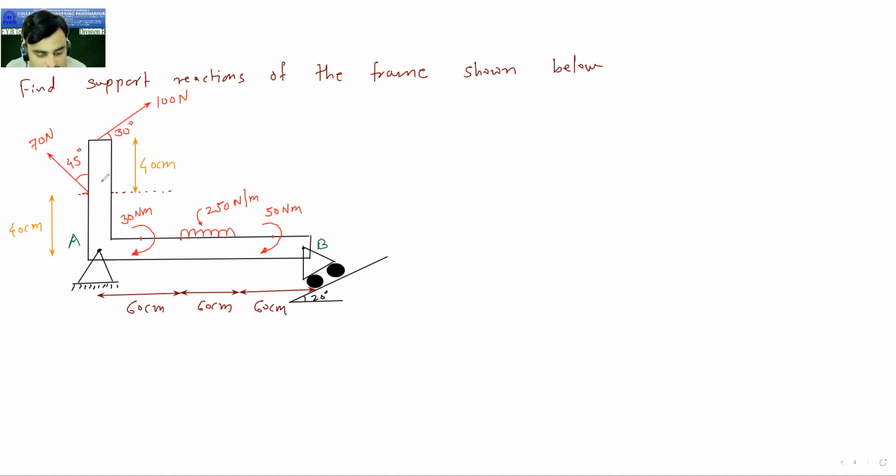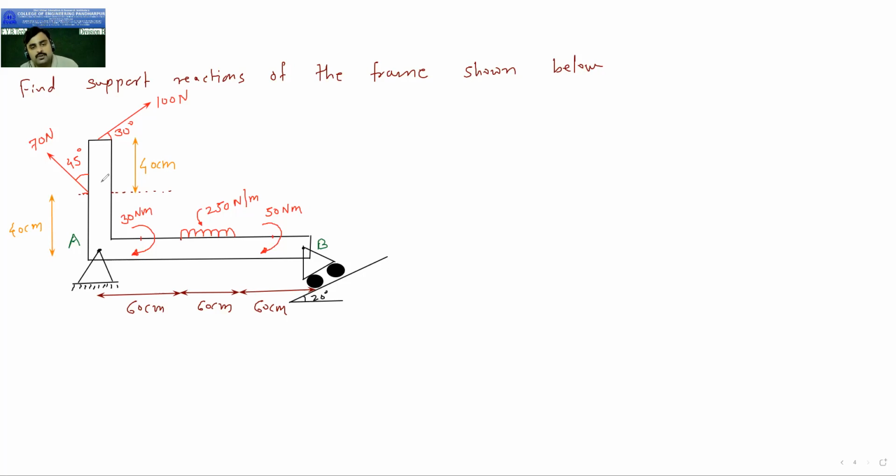Okay, I will just make sure that everything is written. This is the given numerical, and we need to calculate the support reactions at point A and B.